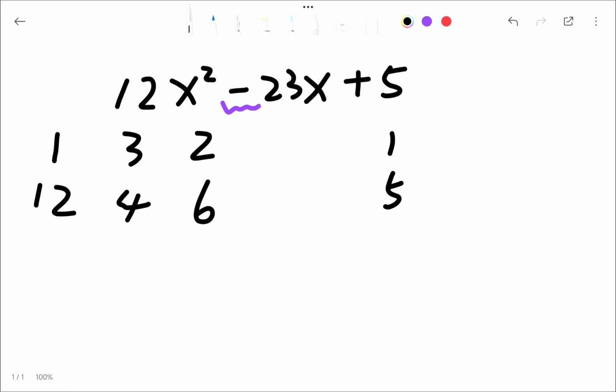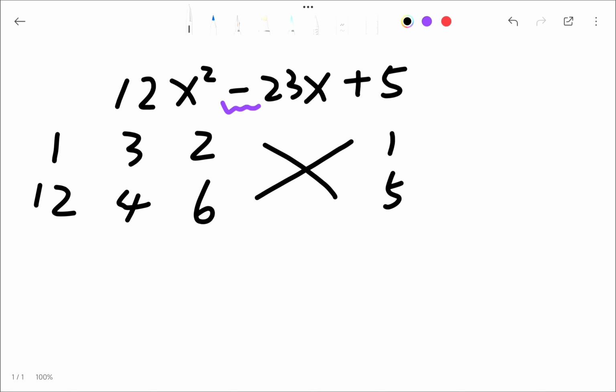The next step is to do a cross multiply of these factors and see if the sum will give us the value of B. Now currently these numbers are all positive, so no matter how we combine them, the answer will always be a positive number. But B is a negative 23, as noted earlier.